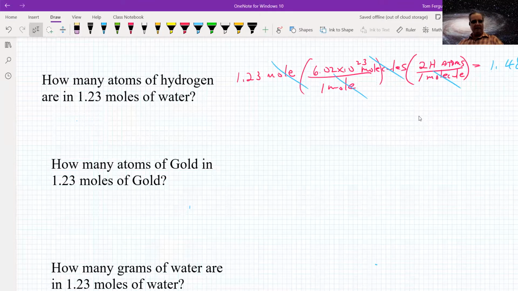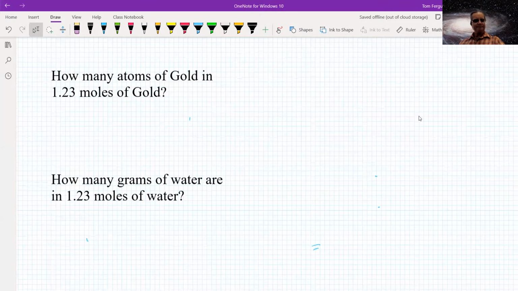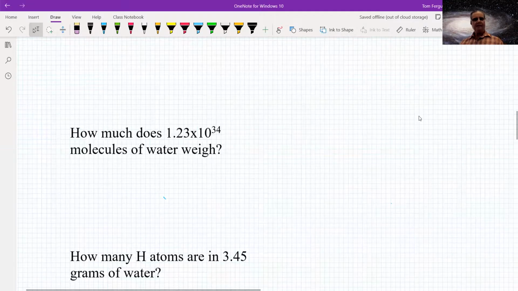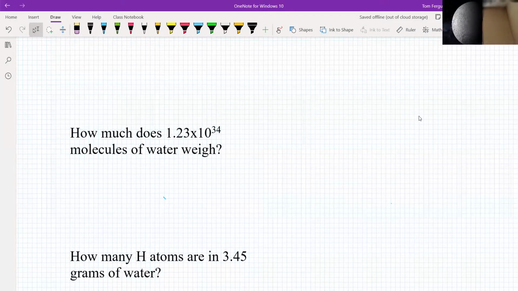Okay, this problem here is exactly like the other ones. Here we're starting with molecules, and we're going to find, how much does it weigh? Whenever you think weigh, you're thinking grams or mass. So we have so many molecules of water. What does it weigh? Now, there's no direct one step here because there's no conversion factor that has a number of atoms or molecules and mass in one conversion.